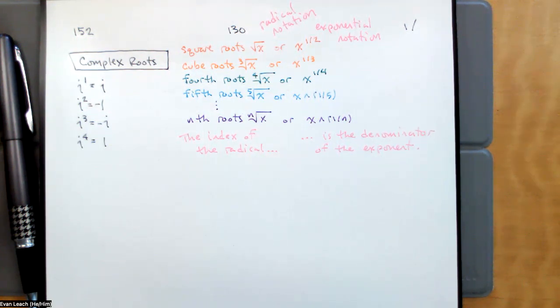The generic radical all by itself with no apparent index, that index is 2. This is one of those cases where the default isn't a 1, the default is a 2. So the radical symbol all by itself, the index of that radical is a 2. That's our square roots.